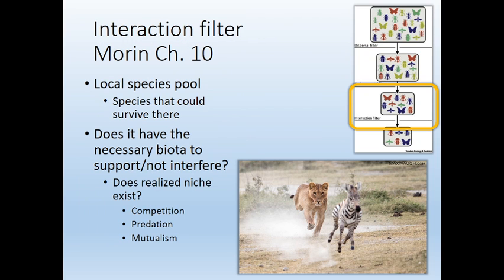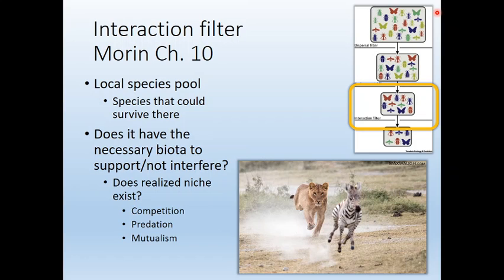Now, going beyond that, we then have the local species pool. Okay, and now this kind of gets into Chapter 10, and for the next little bit, we'll look at Chapter 10 from the Morin book. The environmental filtering then creates a local species pool. Species, basically, that could potentially survive in a given habitat.